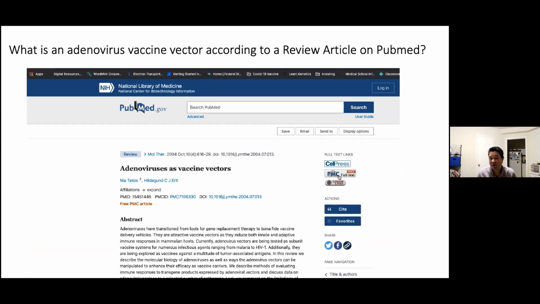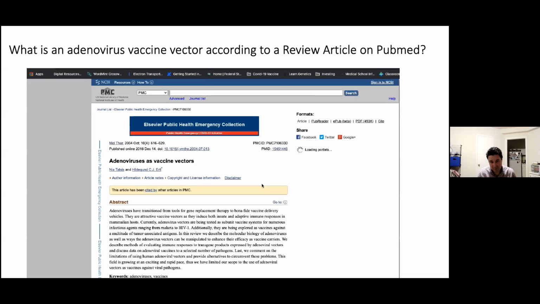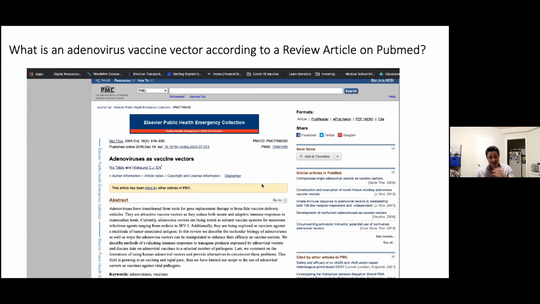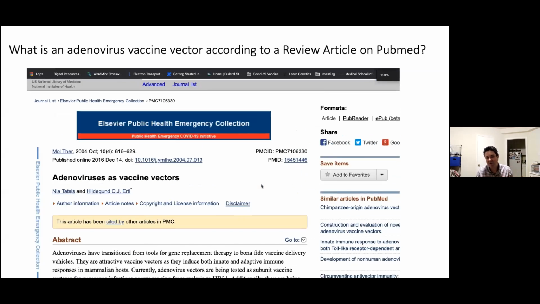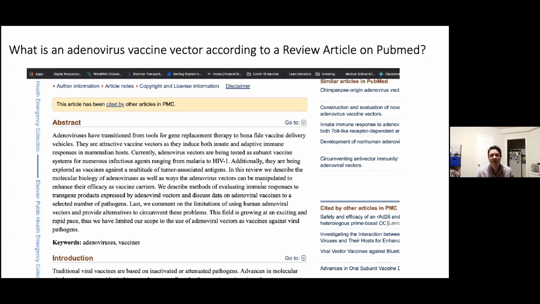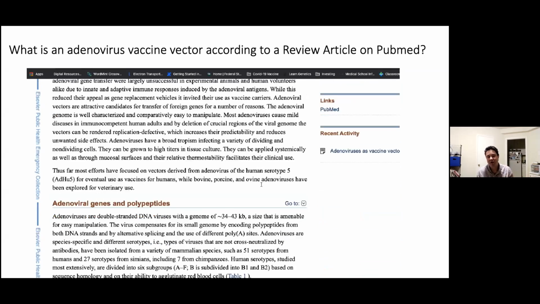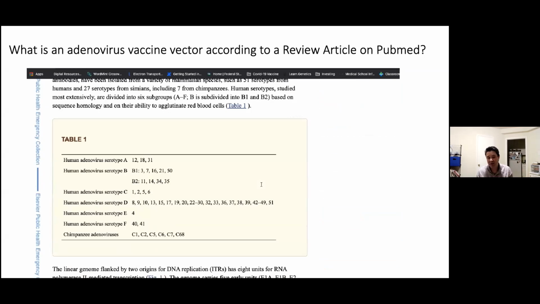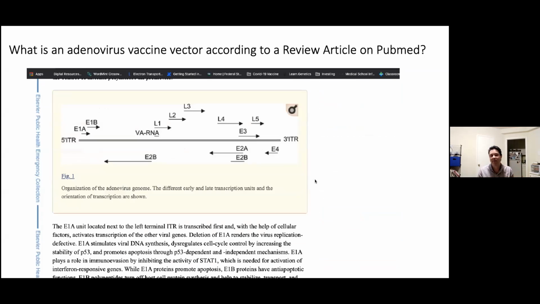And as I mentioned, we have a lot of free access to certain journals. Now you have access to a wide range of topics that fall within adenoviruses as vaccine vectors. There's a standard abstract. There's an introduction associated with this manuscript. You can learn about the adenovirus genes and the genomic architecture, which you'll see right here.